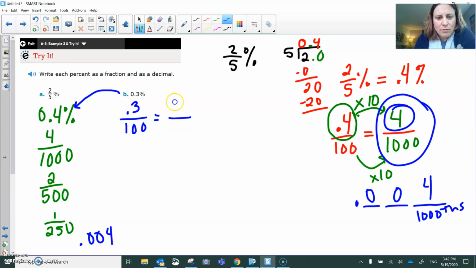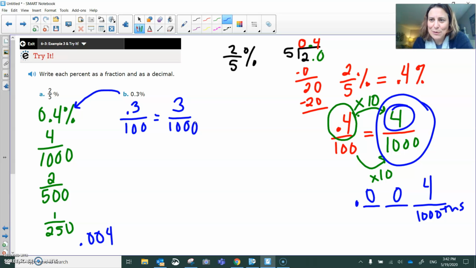We want it to be regular old 3. So we're going to multiply it by 10. 100 times 10 is 1,000. It's a lot like the last problem that we just did, right? 3 1,000ths.